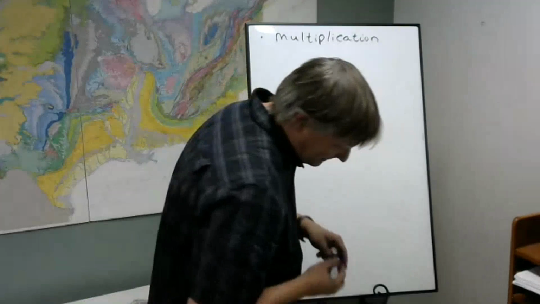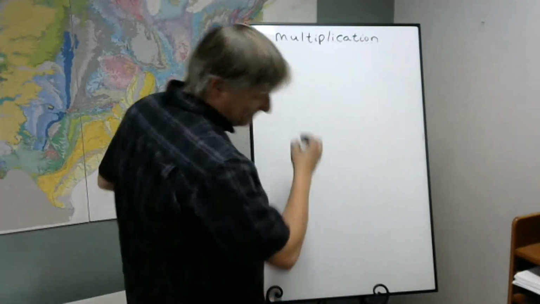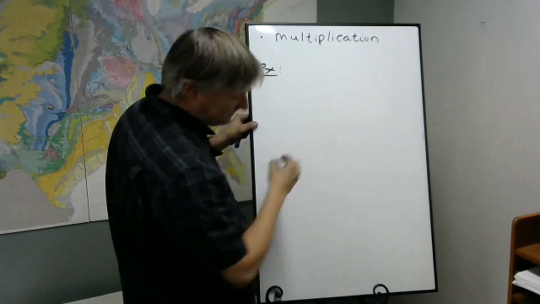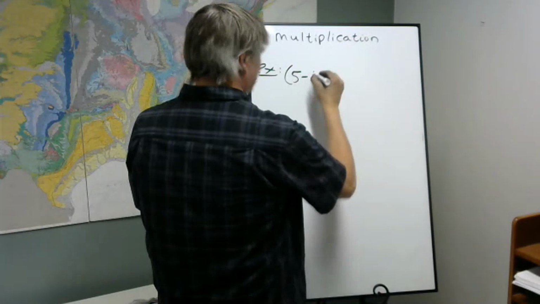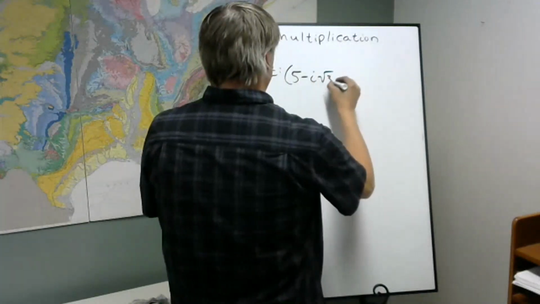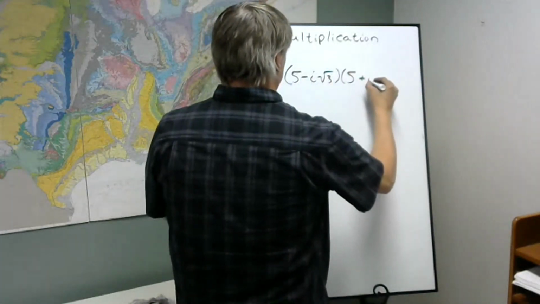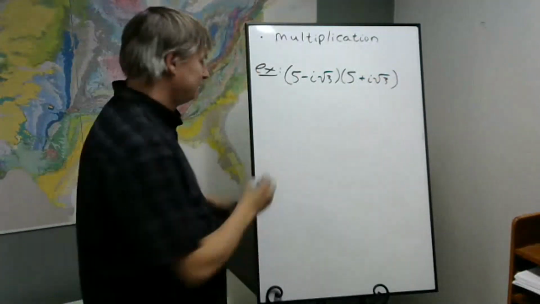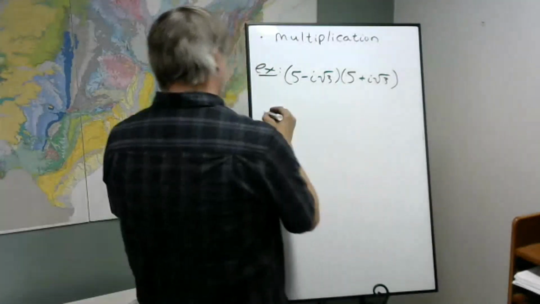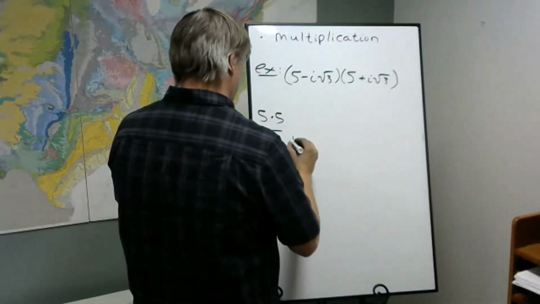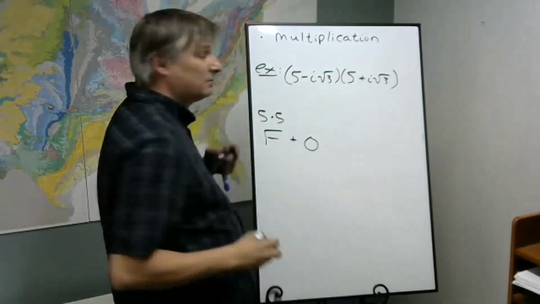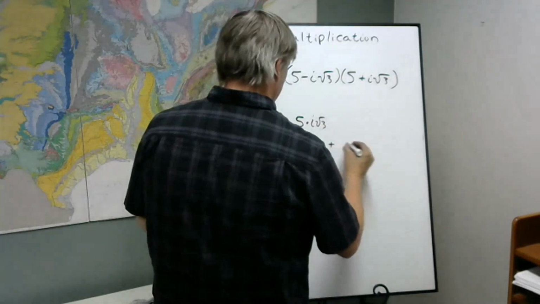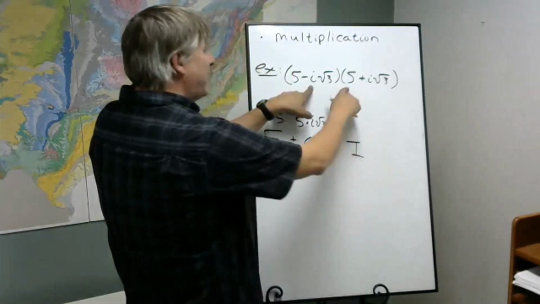So let's take a look at something like this. Again, FOIL. So 5 times 5. 5 times i root 3. Negative i root 3 times 5.